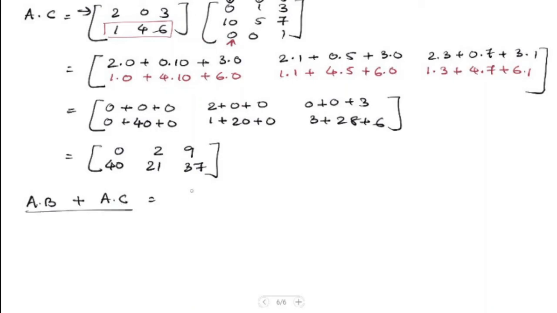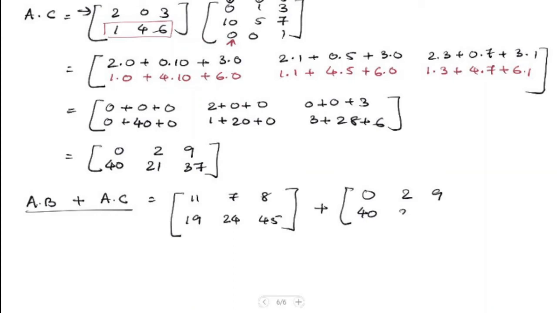So A times B, we got it as 11, 7, 8, and here 19, 24, and 45, plus we have A times C, which is 0, 2, 9, 40, 21, 37. Now we have to add both of these.